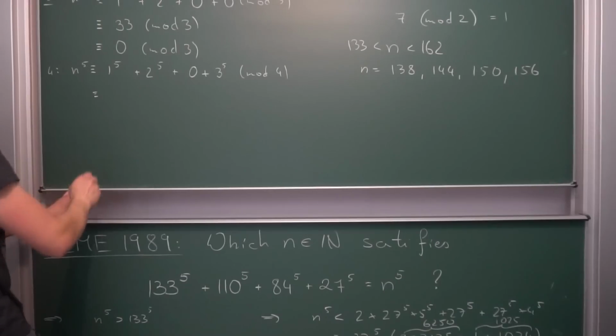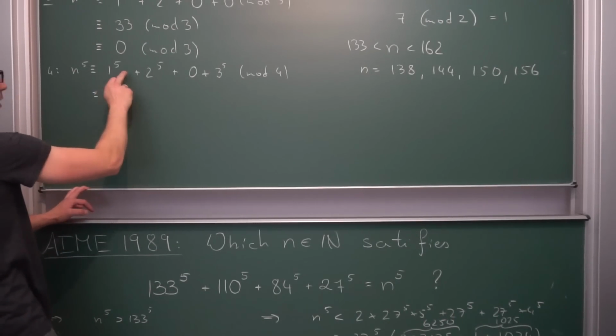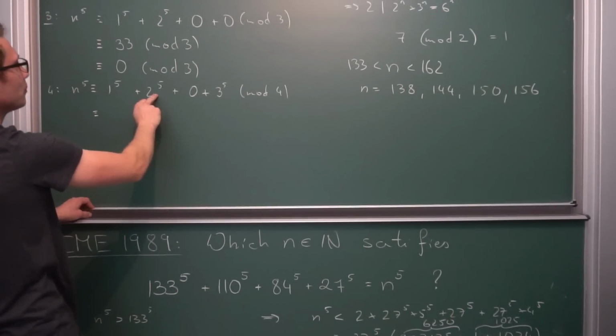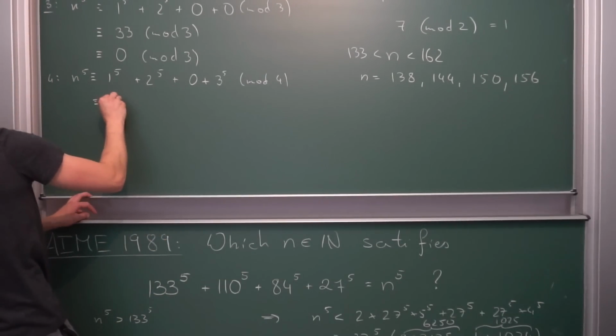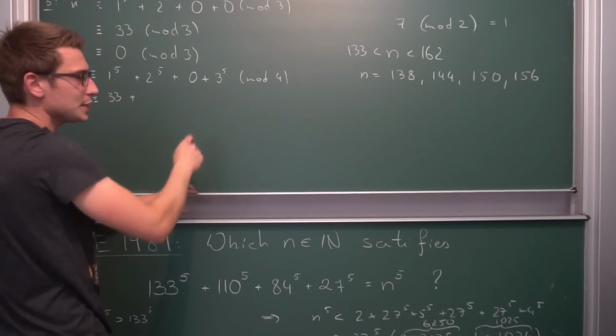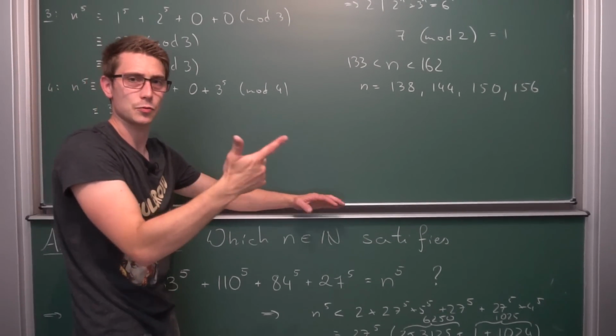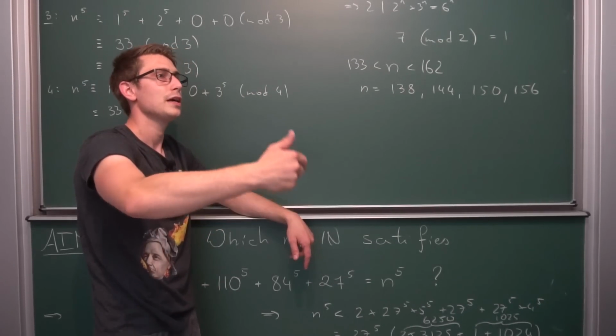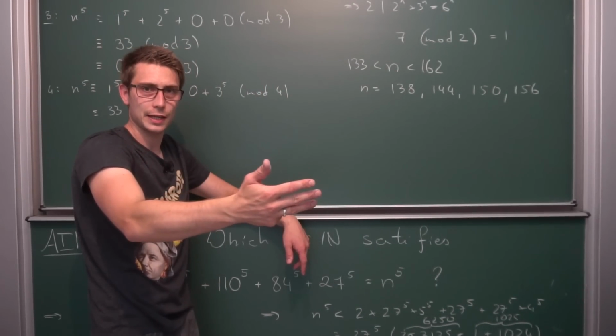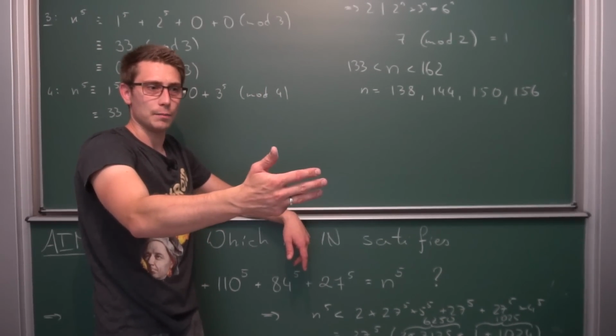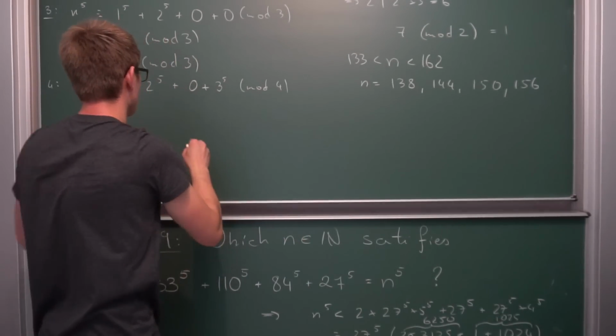Okay, now this is going to be just 1. 1 plus, we know that 2 to the fifth power is the same as 32, so we are going to get 33 plus 3 to the fifth power. 3 times 3 is 9, 27, 81, and after 81 comes 243.